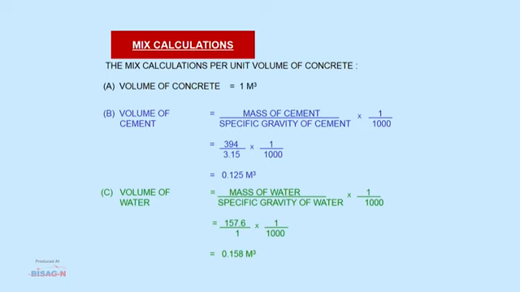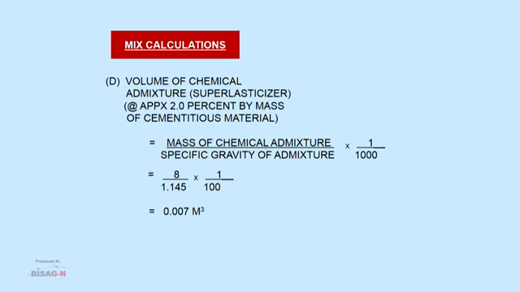So, the volume of water works out to 0.158 meter cube. Volume of chemical admixtures: approximately we are using 2% by mass of cementitious material. Mass of chemical admixture works out to 8 kg and its volume works out to 0.007 meter cube.